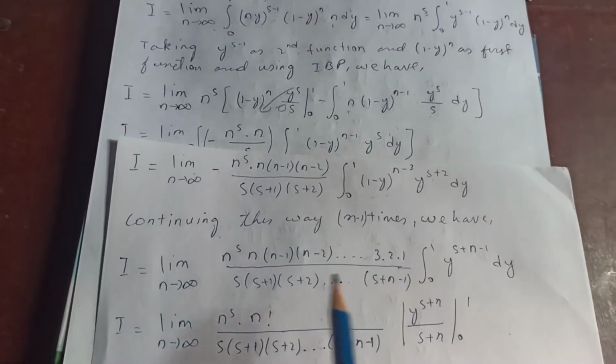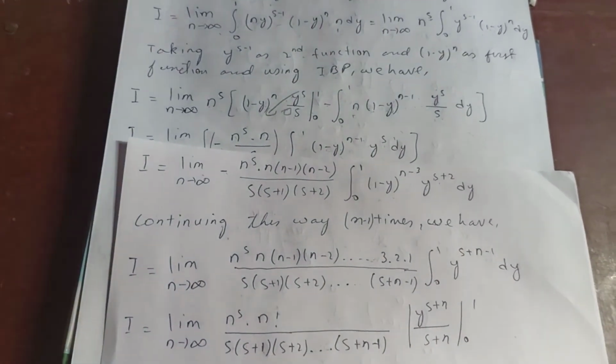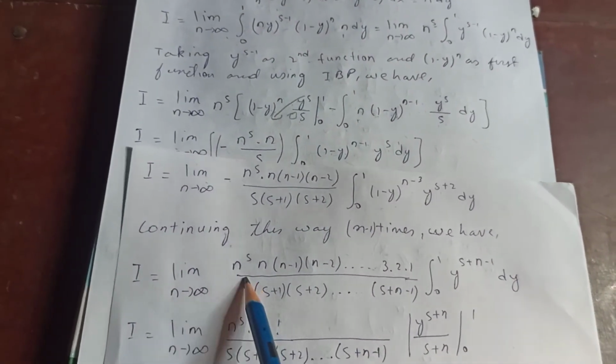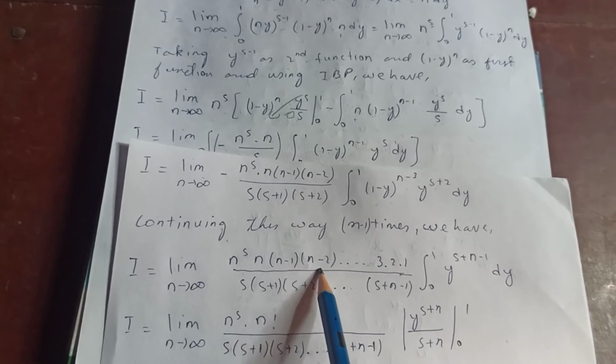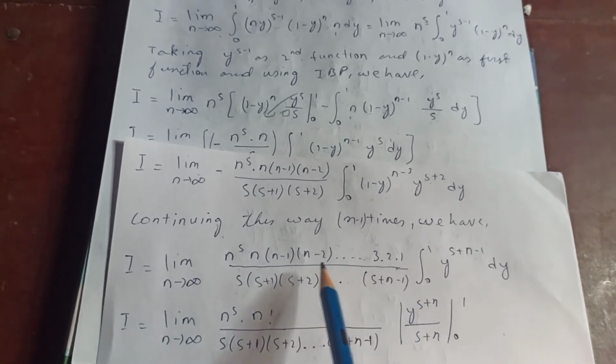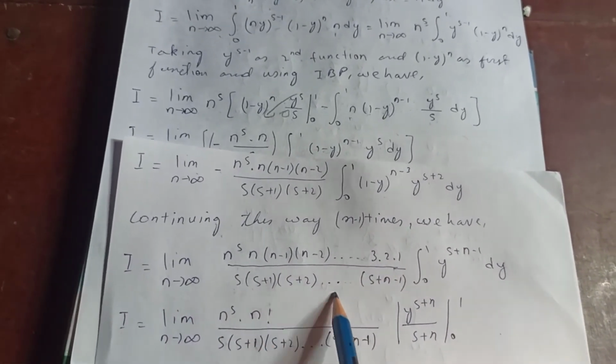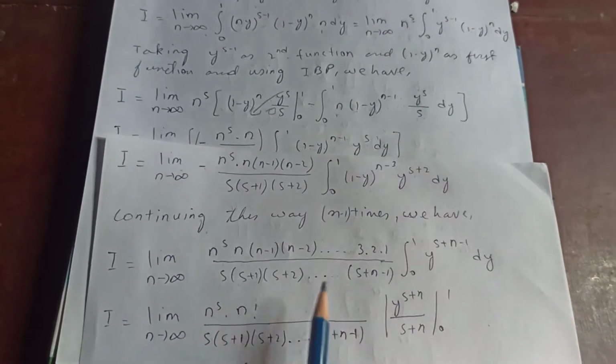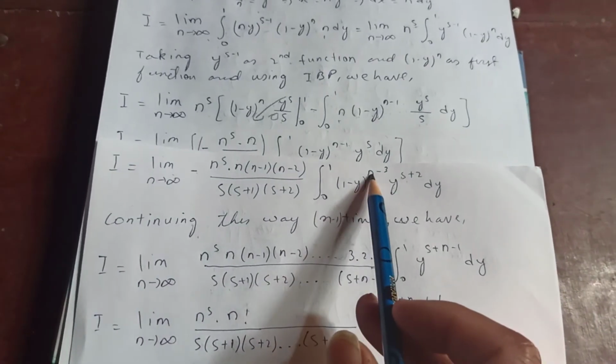So continuing this way, n minus 1 times, take IBP again and so on up to n minus 1 times, we will have that I is equal to limit n tends to infinity, n to the s, and n minus 1, n minus 2, and so on up to 3, 2, 1 upon s plus 1, s plus 2, and so on up to s plus n minus 1, and the last term will be the integral from 0 to 1, y to the s plus n minus 1, okay?